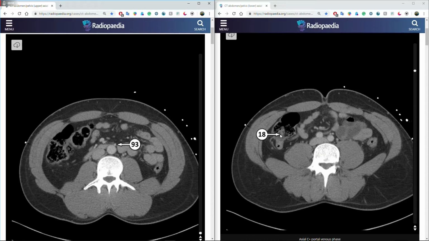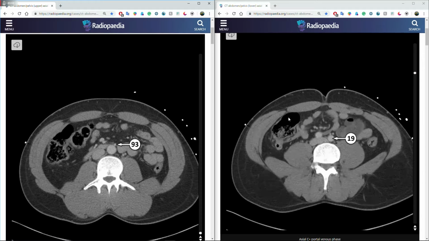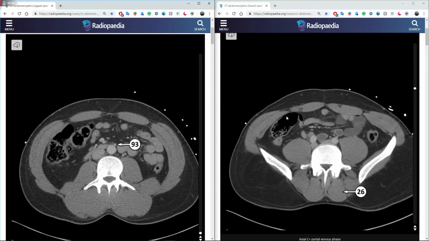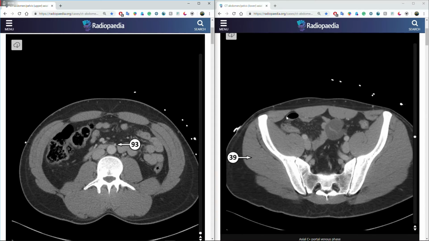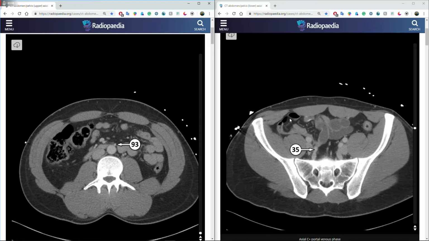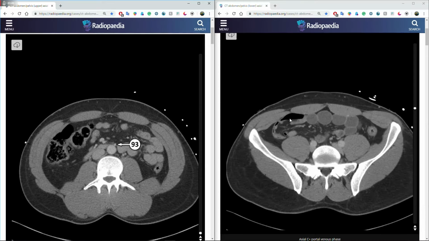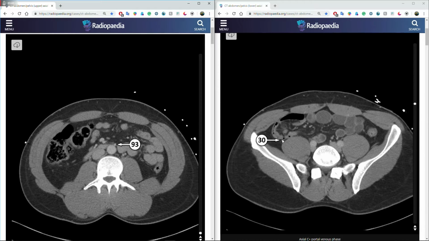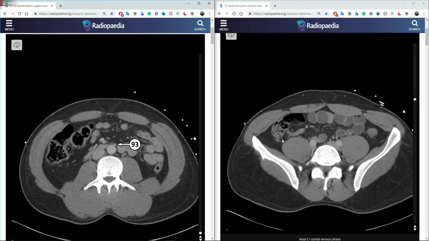And here we can see the ileocecal valve, which is the valve between the cecum and the ileum, the small intestine. And we know that the cecum continues inferiorly, eventually coming to a stop at the end. It has a little appendage off of it, and that's the appendix right there.